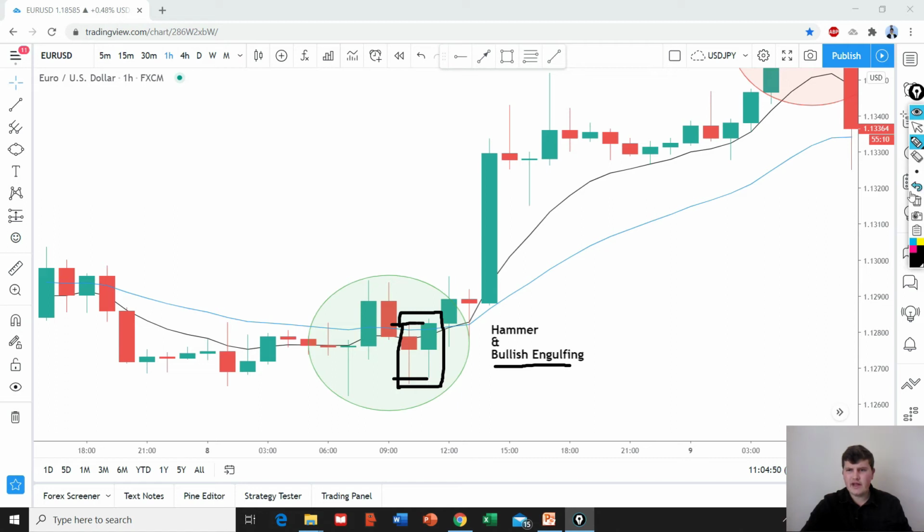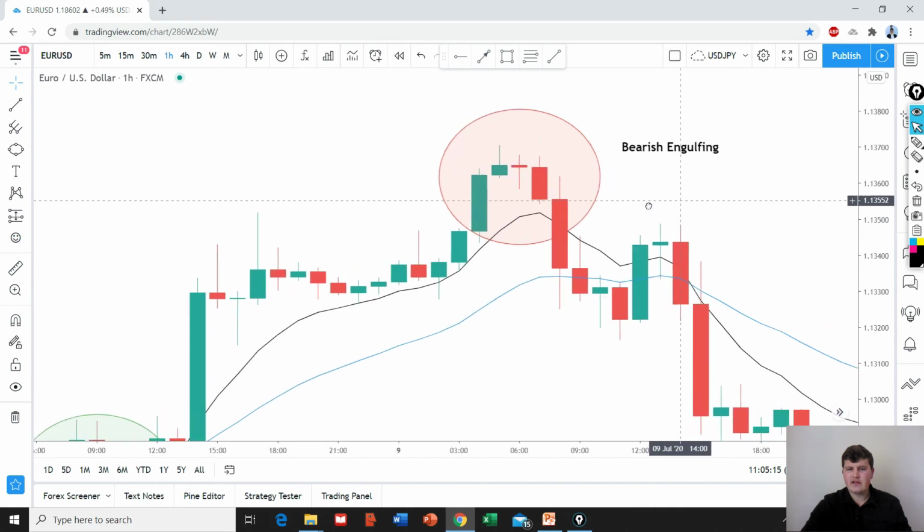These wicks are of lesser importance. As you can see, it didn't fully engulf, but that's okay. The main thing to look out for is where the body of the second candlestick closes, and this fully engulfs the previous candle, and a move higher takes place from there. So that is the bullish engulfing candle.